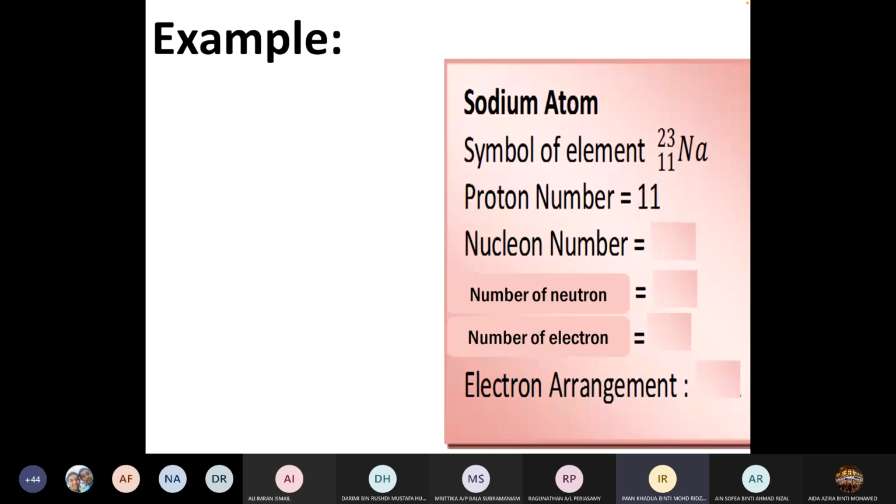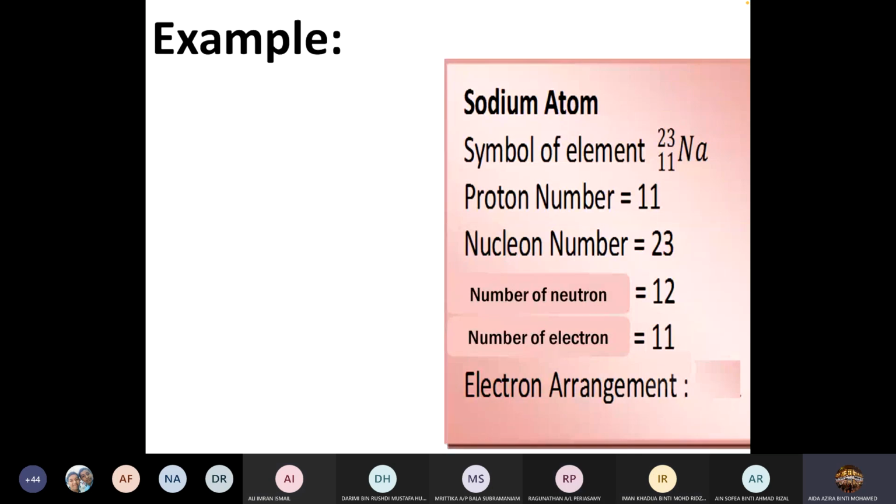The nucleon number for sodium is 23. The number of neutrons is 12, whereas the number of electrons is 11.